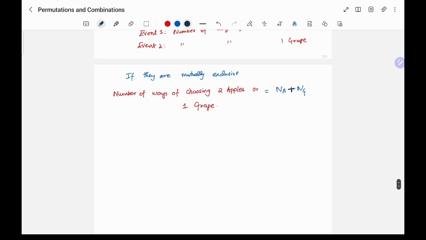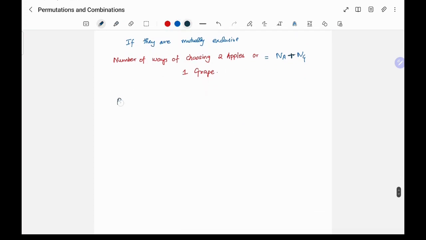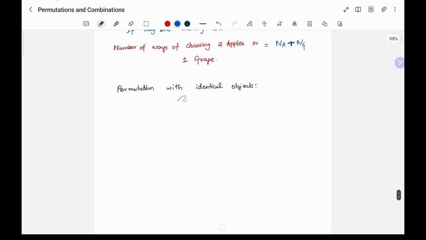So next, in the permutation itself, we'll see with identical objects. Initially we said numbers as 1, 2, 3 and until 9, they are all different.